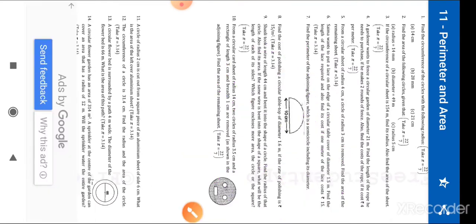Ninth question is Sajli took a wire of length 44 cm and bent it into the shape of a circle. Find the radius of the circle, also find its area. If the same wire is bent in the shape of a square, what will be the length of each side? Which figure encloses more area, the circle or the square?